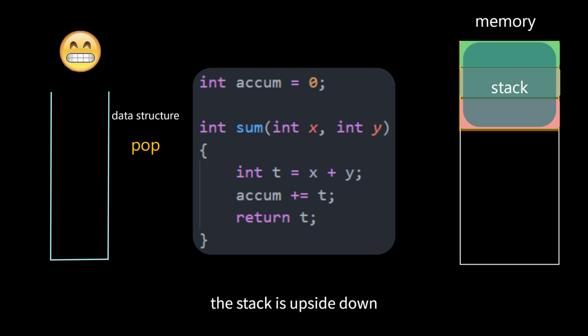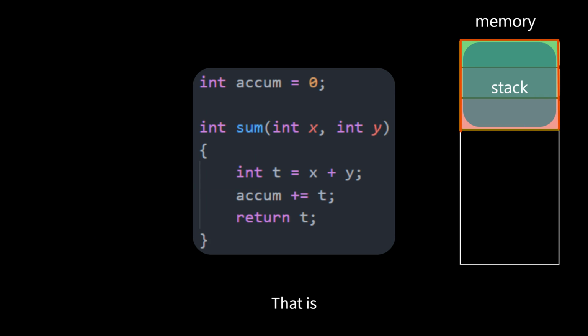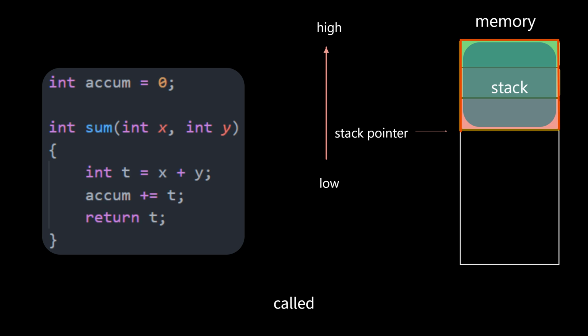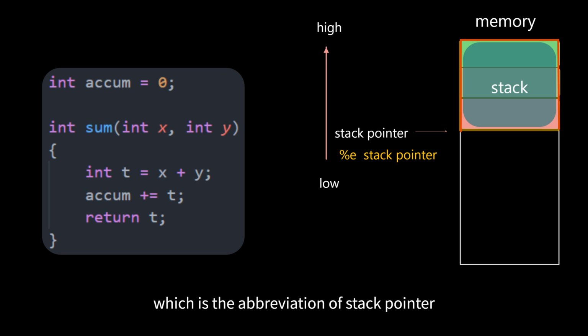But in memory, the stack is upside down, that is, it grows from high addresses to low addresses. The pointer at the top of the stack is called the stack pointer, and points to the bottom of the stack. The register ESP is used here, which is the abbreviation of stack pointer.